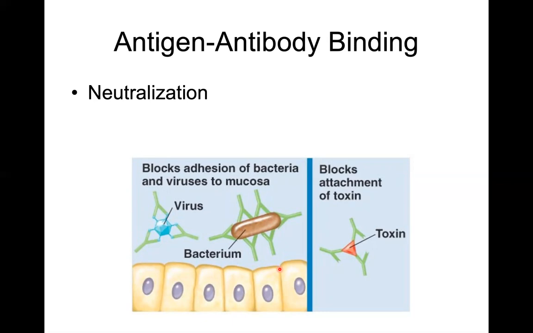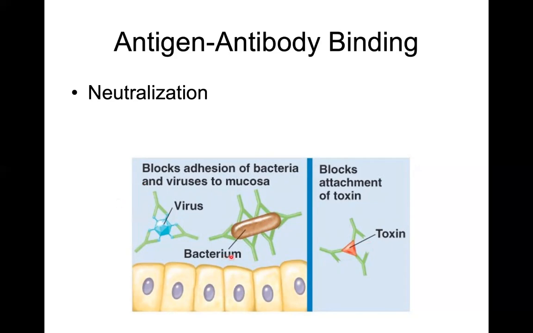And so in order for, let's say, a virus to reproduce, this interaction needs to take place in order for the virus to enter the cell to make more of itself. If a virus never enters the cell, it can't reproduce. So if you somehow prevent the virus from binding, then the virus can never reproduce. Same thing with the mechanism of toxins. If the toxin can't enter the cell to disrupt some aspect of cell physiology, then you won't get the symptoms associated with that toxin.